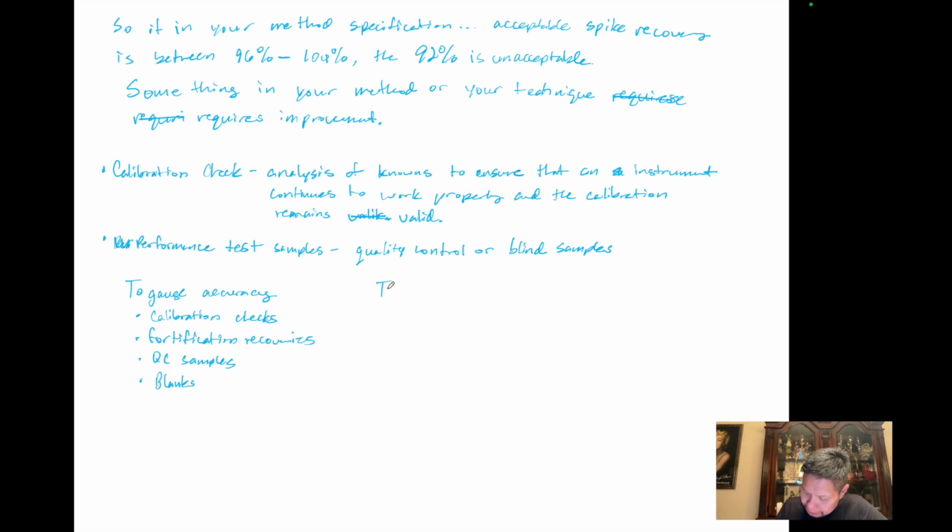How do we gauge precision? I always have to check this out to spell precision. I always get the I and the S mixed up. How to gauge precision? We could do replicate samples, which you've already been doing the entire semester. And we can also replicate portions of the same sample.